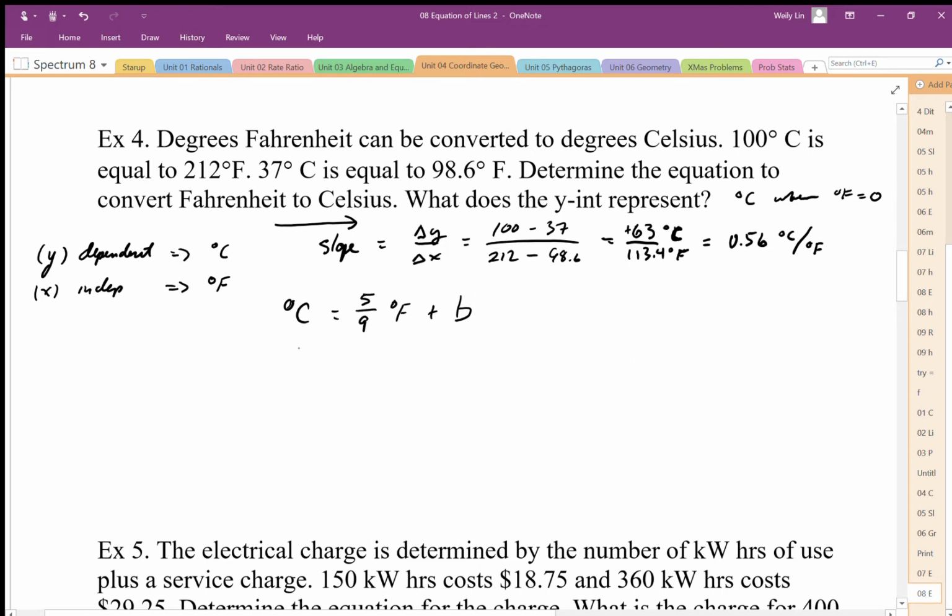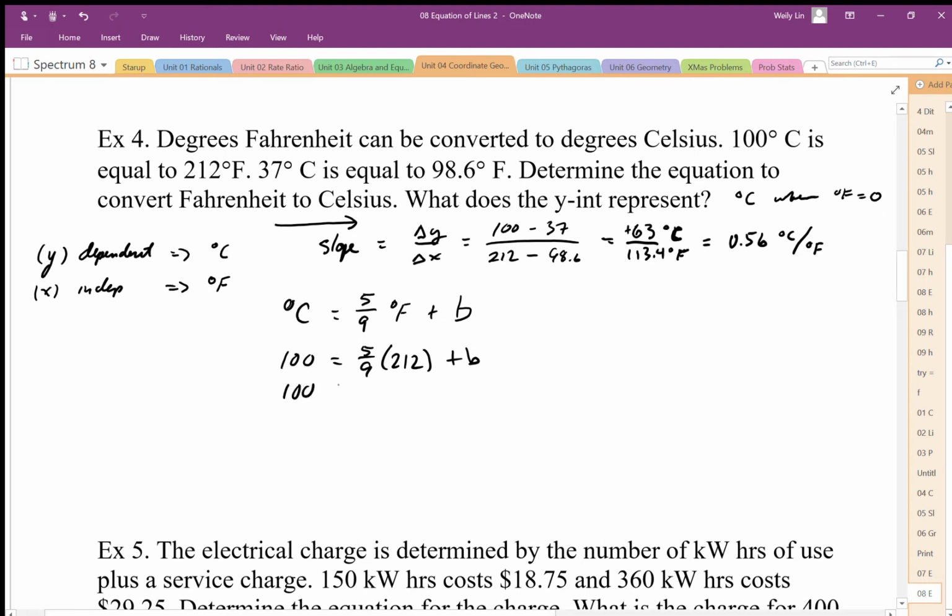I'm going to use 212 and 100, and then we're going to calculate the b value, the y-intercept. So when we work this out, we go 5 over 9 times 212, which is going to give me 117.7 repeating.